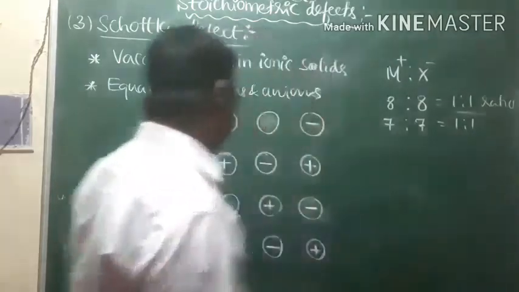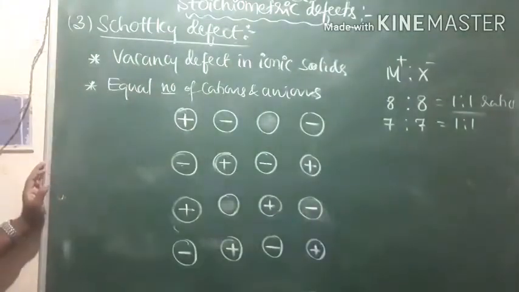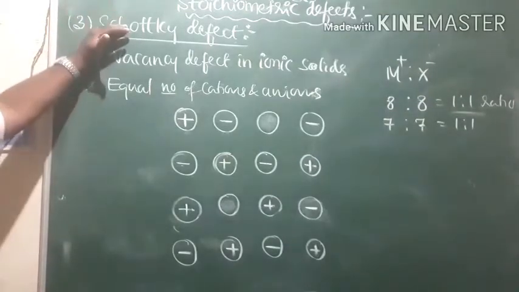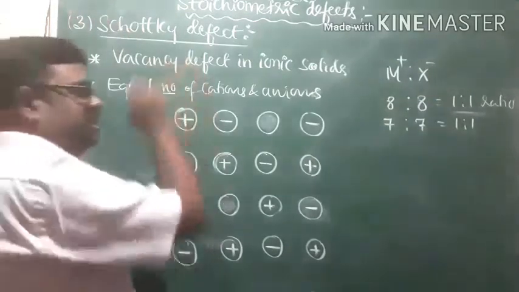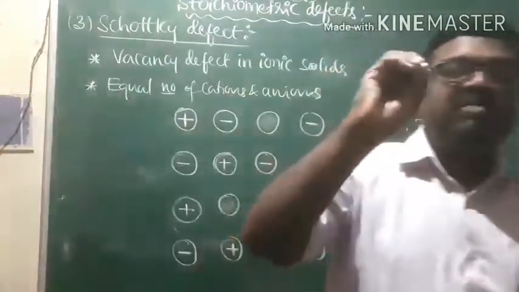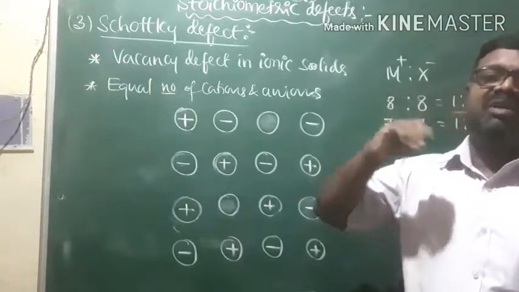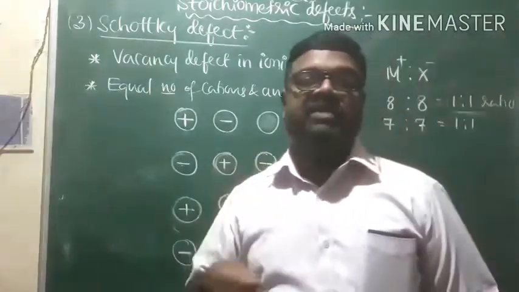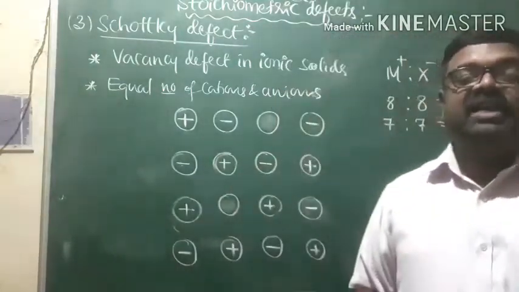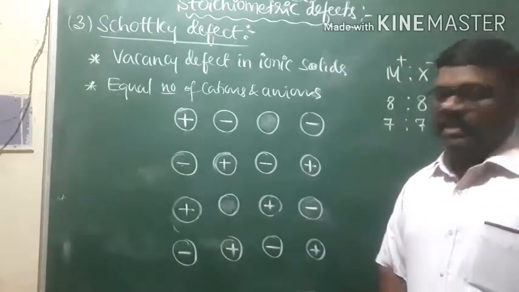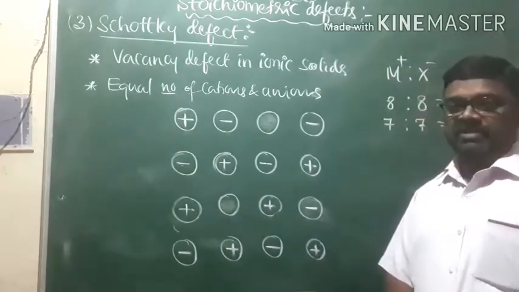That's why Schottky defect is called one of the stoichiometric defects. It is a vacancy defect in ionic crystals, where equal numbers of cations and anions are missing from their lattice sites to maintain electrical neutrality of the ionic crystal.